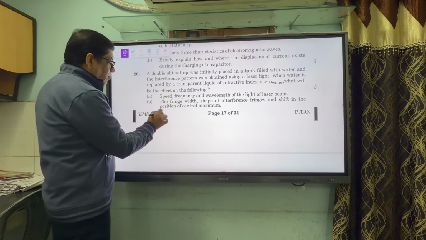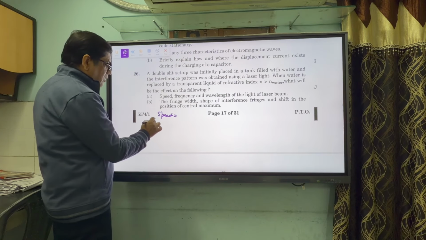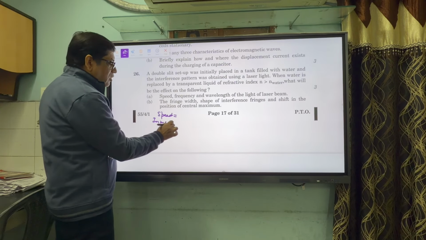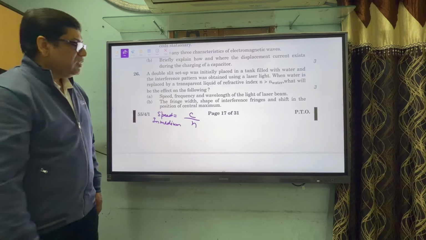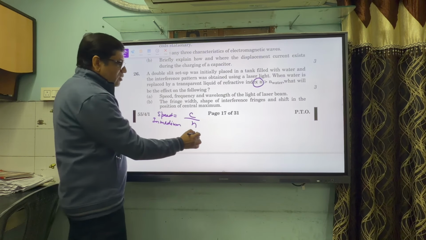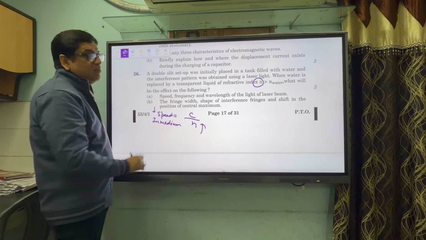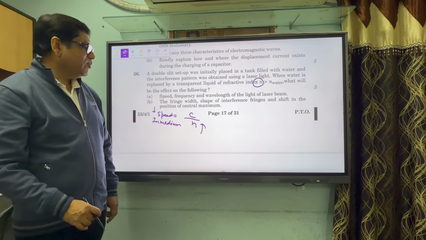What did we study about speed? It is the speed of light. Speed in a medium is always equal to speed in vacuum divided by refractive index. Since refractive index is increasing, speed will decrease. So by shifting from water to this medium, speed will decrease.